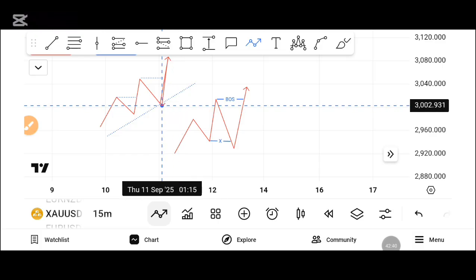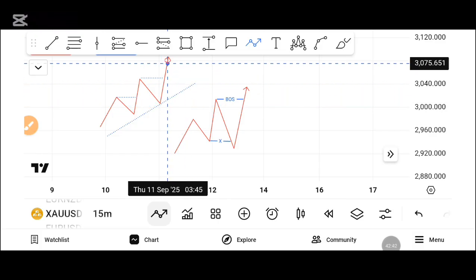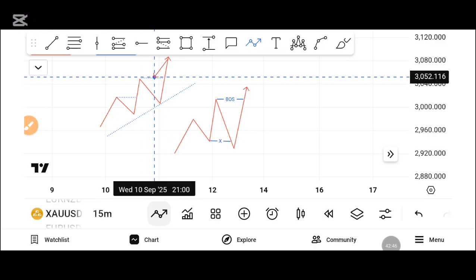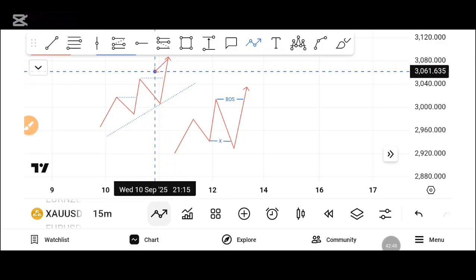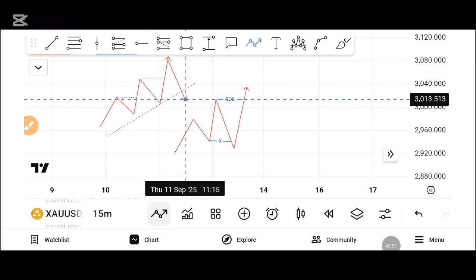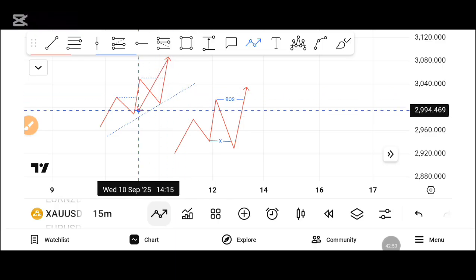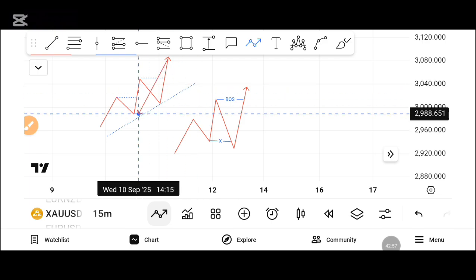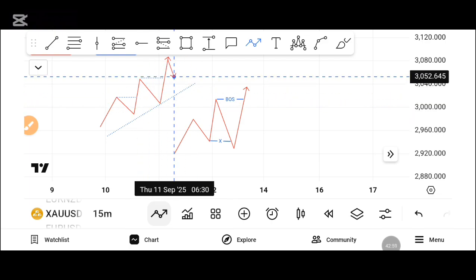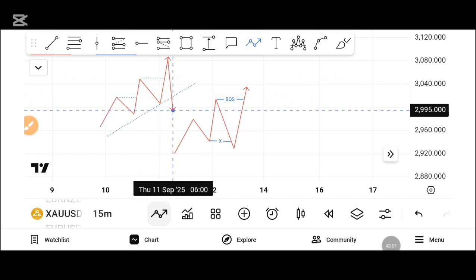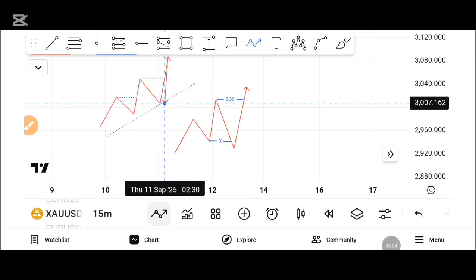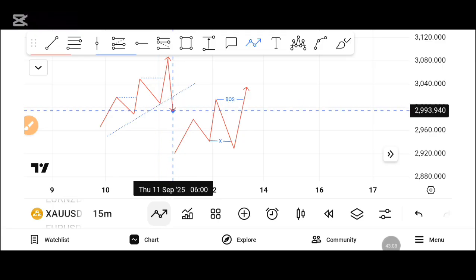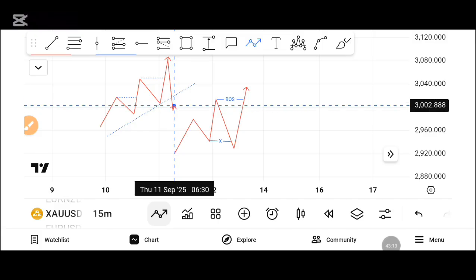Why? Because this is not a valid break of structure, as there was no inducement taken out in this process. If price came back here and took out this low, this is not a change of character, this is just an inducement for price to sweep more liquidity before reversing.